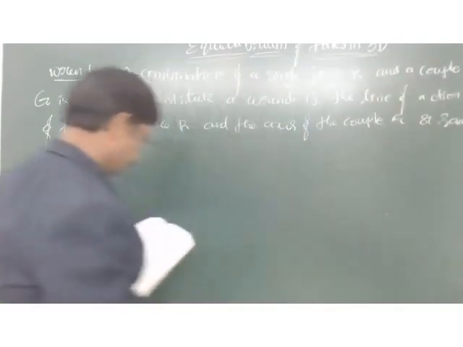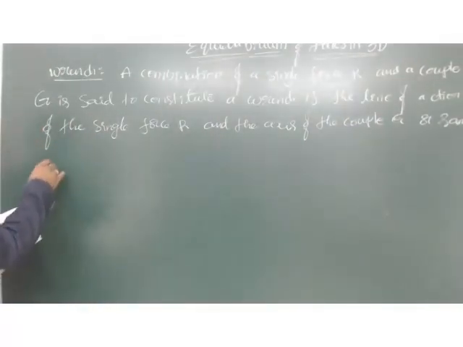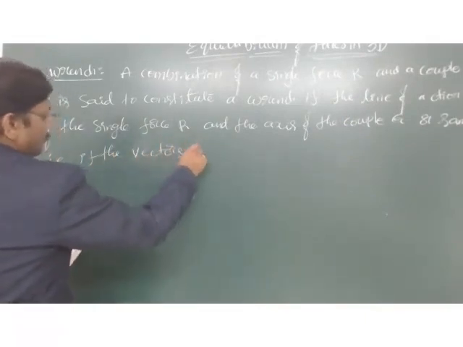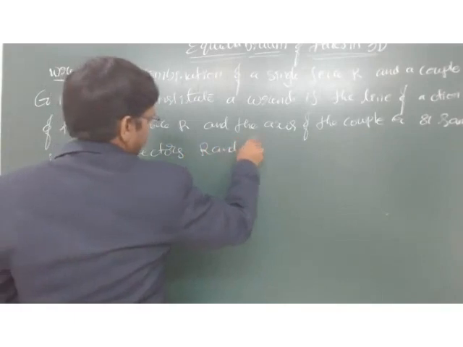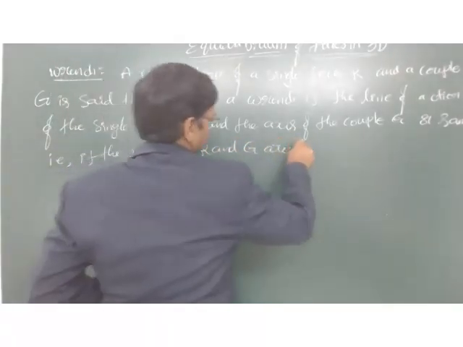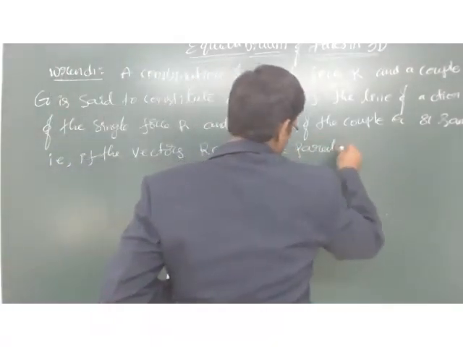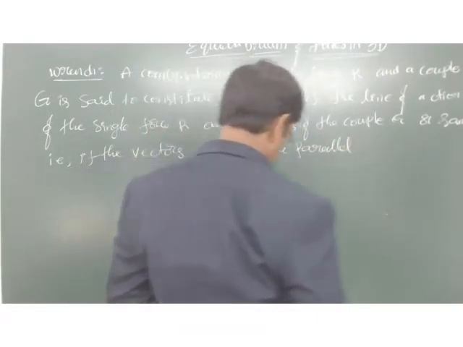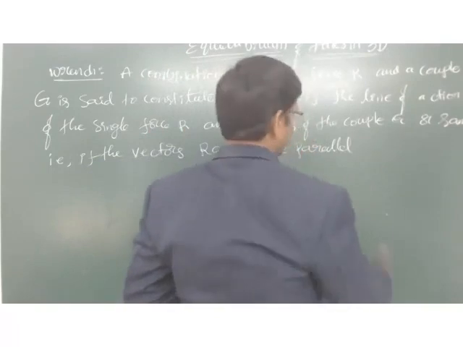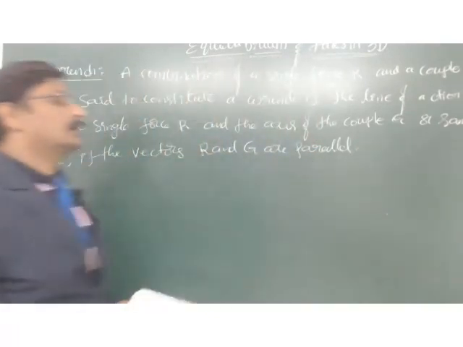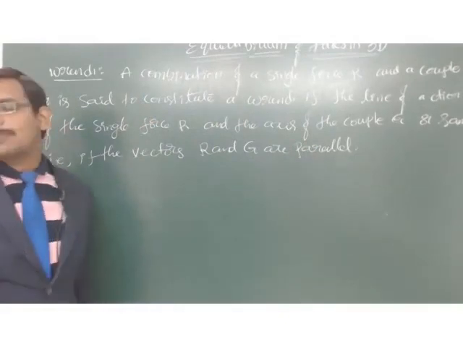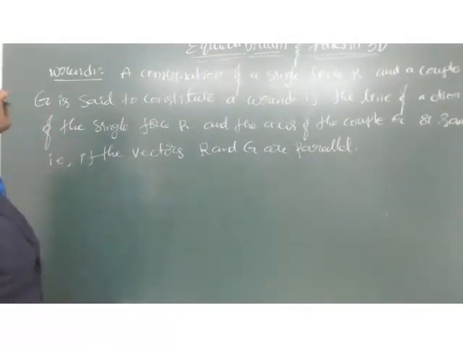That is, if the vectors R and G are parallel. This is what is called a wrench. That means the couple and the resultant force have to be parallel to each other. That's the scenario.